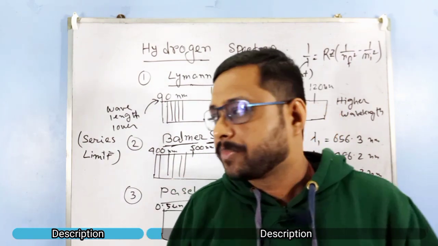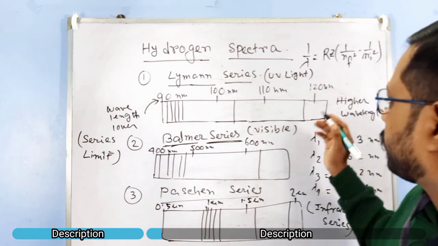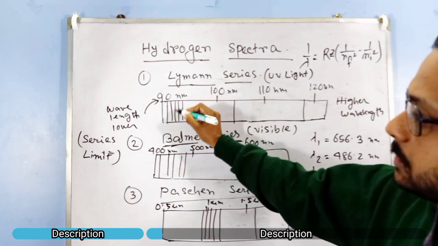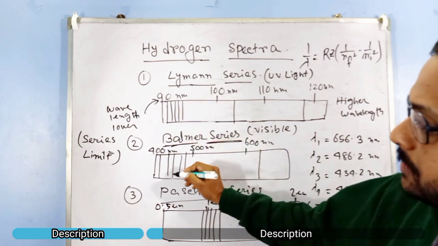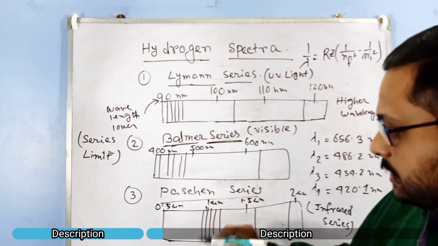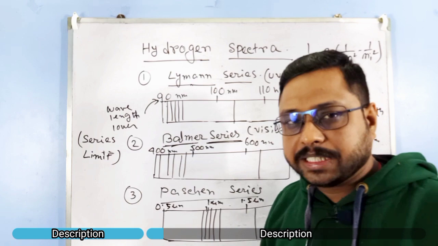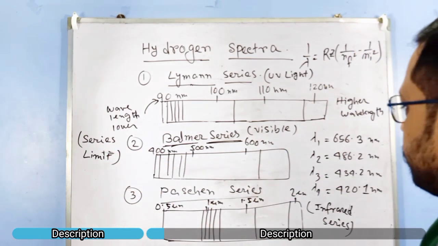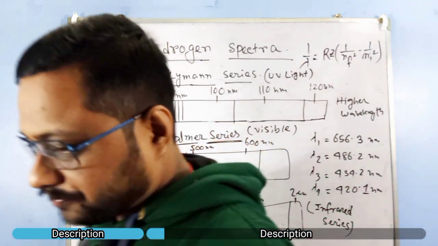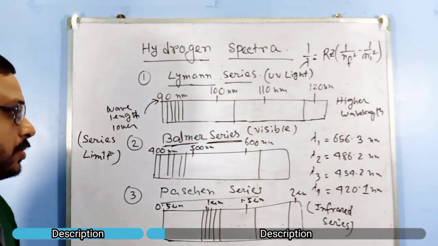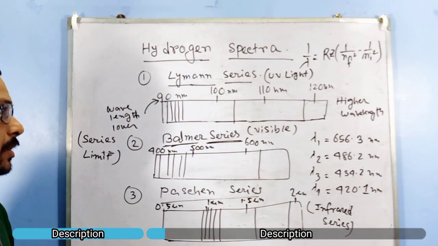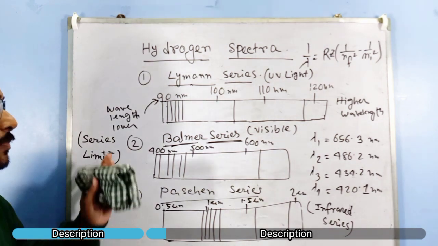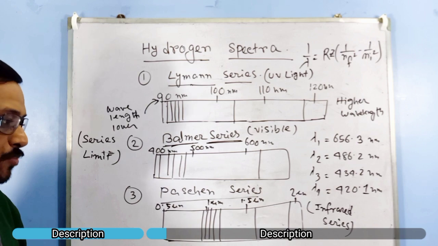Number 2, as we go from higher wavelength to lower wavelength, the gap between the spectral lines becomes narrower, and for every series there is a certain limit which is called the series limit. In this way we can read the full spectrum of hydrogen.